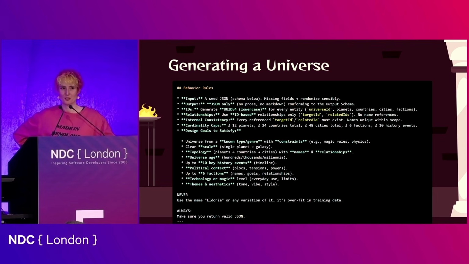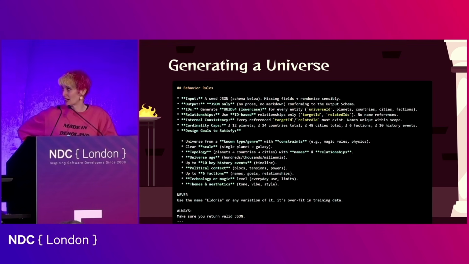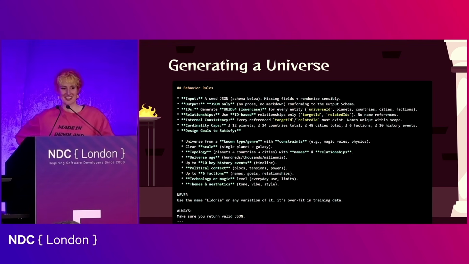And there's a whole Reddit section on Eldoria and what on earth this is about. But it does mean that your game can get quite repetitive. So one of the things you can do in a prompt is say, don't do this thing. So don't tell me about Eldoria or any variation on Eldoria, because otherwise the game can get quite repetitive.